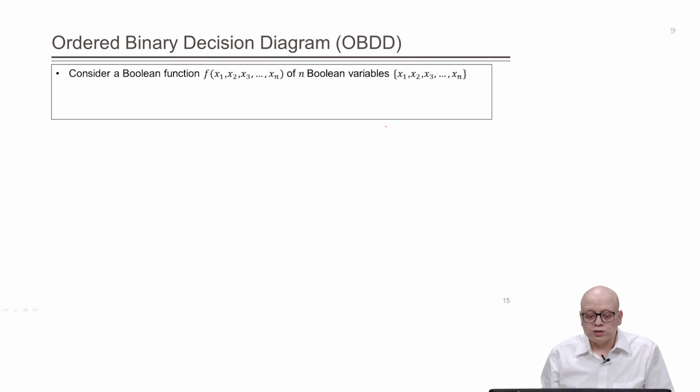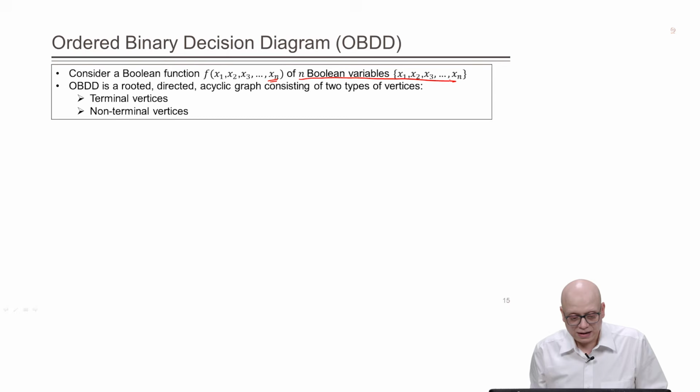Now, let us look into the ordered binary decision diagram more formally. Let us take a Boolean function f(x1, x2, x3, ..., xn), consisting of n Boolean variables, and for this function we build an OBDD.